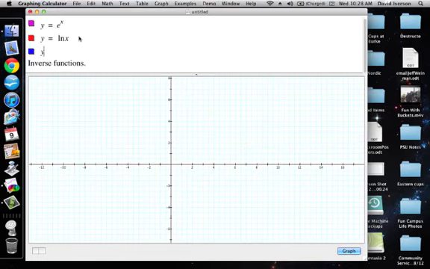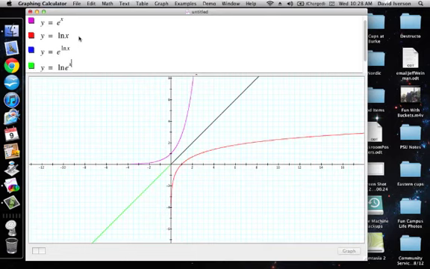So if I do y equals e to the ln x, or y equals ln of e to the x, basically it's just giving me a straight line. It's just giving me y equals x. So this function undoes this function, and you can see on our graph that functions that undo other functions are symmetrical around the line y equals x.